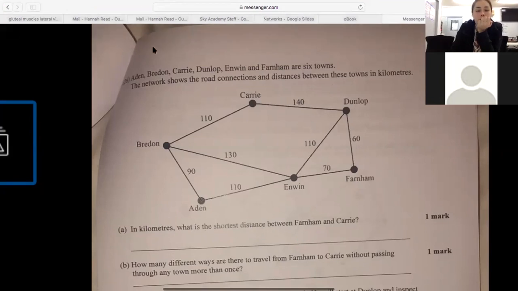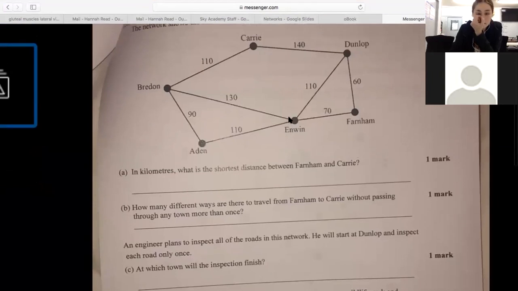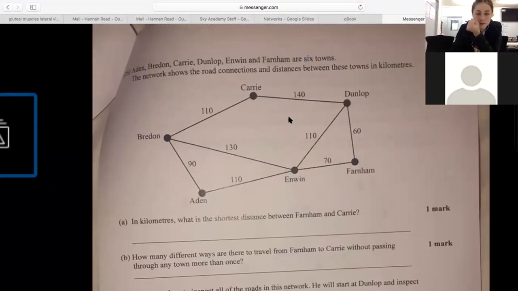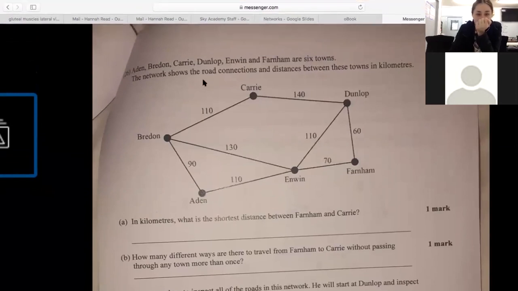How many different ways are there to travel from Farnham to Carey without passing through any town more than once? Oh my gosh, I hate these questions. Okay, so 1 for the first way. Two, there we go. 4.